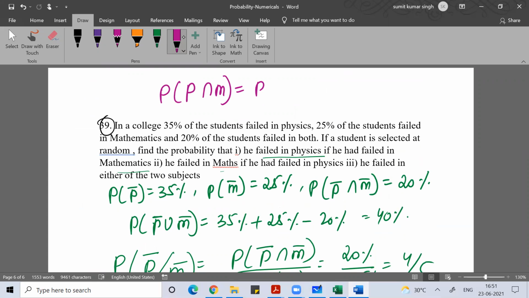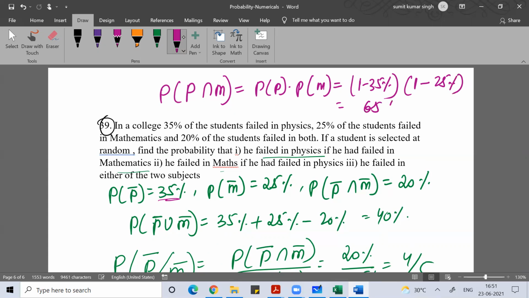So the probability that he passed in physics times the probability that he passed in maths. To fail in physics is 35%, so the pass in physics would be 1 minus 35%. Pass in maths would be 1 minus 25%.